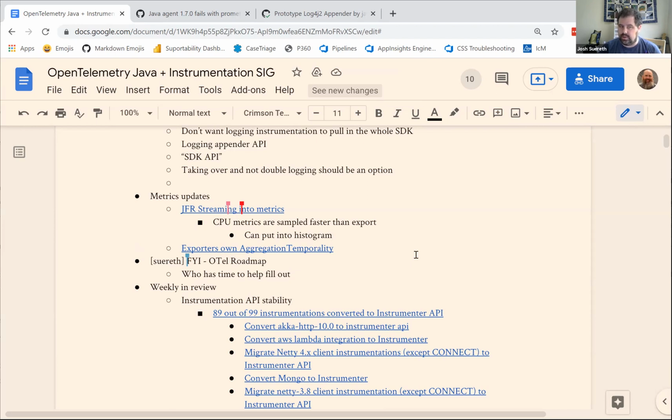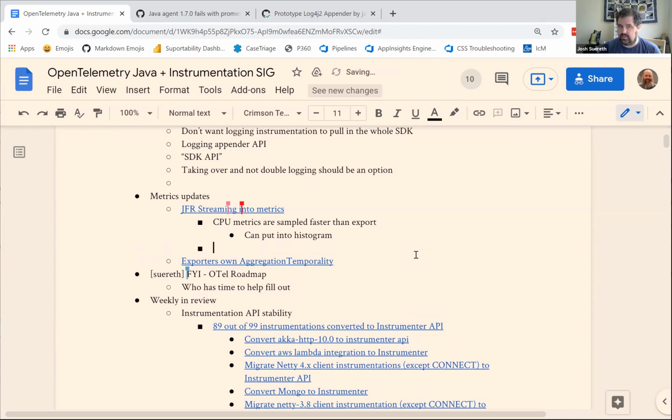Then the user, if they want the actual export rate that they've configured for metrics, they would need to use a view to use a gauge last value style aggregation, to only get the last value if they are worried about the cost of using histograms. Otherwise, the histogram will give you over a period of time how much CPU used in various things.